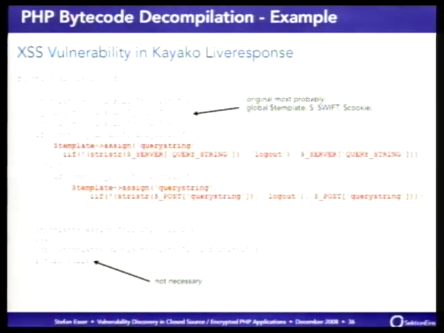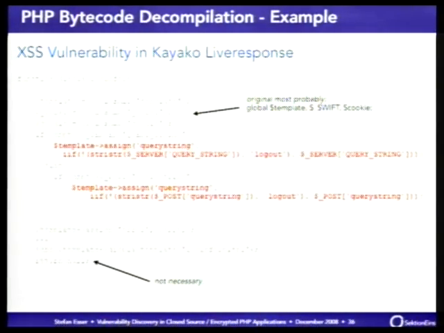One place where I tried this was Kayako LiveResponse. This was one of the shareware products I was talking about. With Kayako, only two files are encrypted, and the customer said, "Well, audit it anyway. It's just two functions. There will not be a security vulnerability in it."